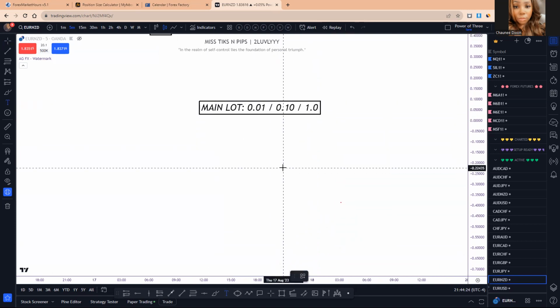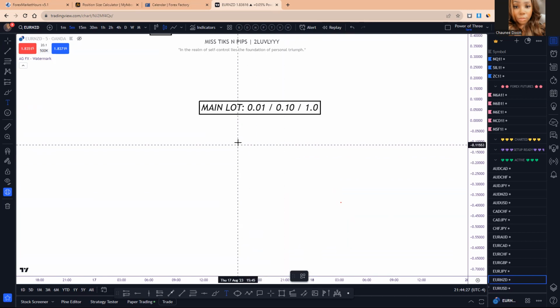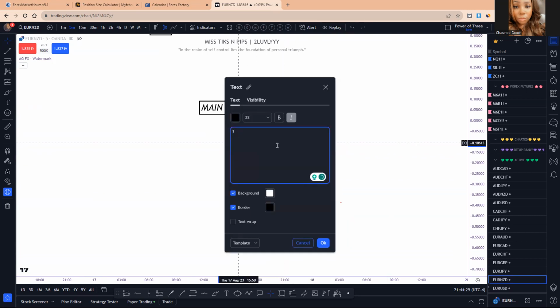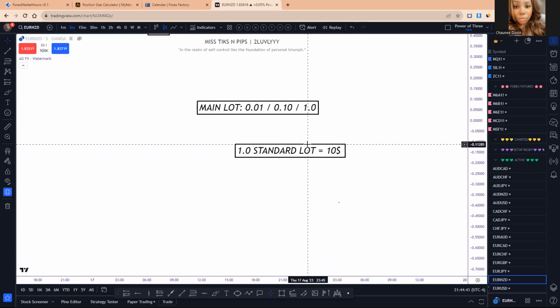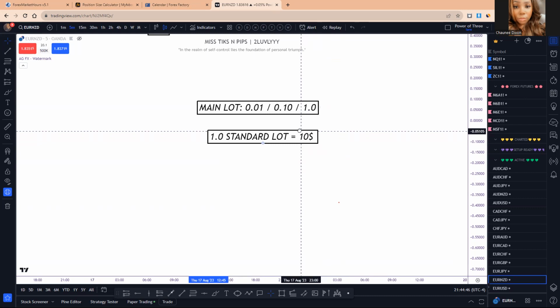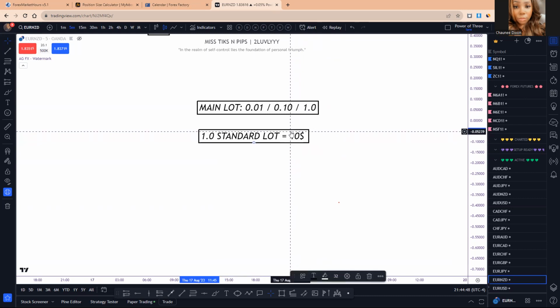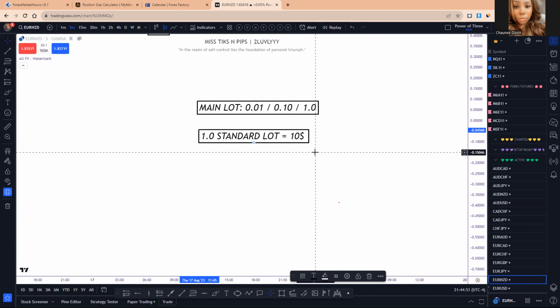To calculate whatever I need to know, the main formula I'm going to use is one standard lot, which is 1.0, is equivalent to $10. So why do I use this formula? Whatever lot size I'm using, whether that's a 0.5, a 0.25, a 0.75, something irregular, whatever it is, all you got to do is multiply by 10, and that will give you the value of the pip, the dollar per pip.